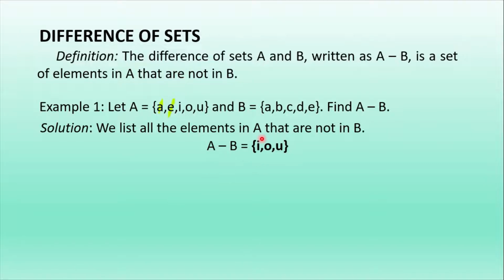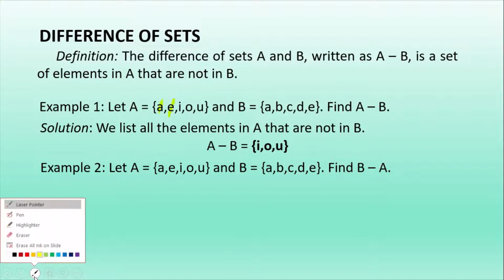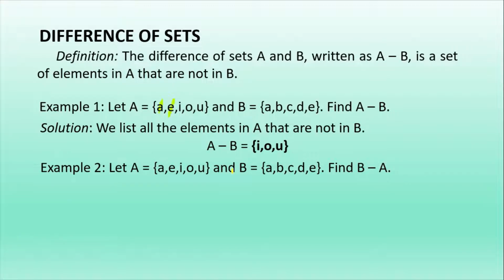Now if we reverse it, suppose we have the same set, and we have to find B minus A. Will they have the same answer? Let's see. The point of reference here is the set B. Let's subtract what is in B that is not in A. What is common to them?